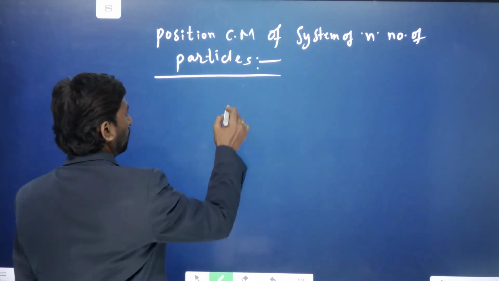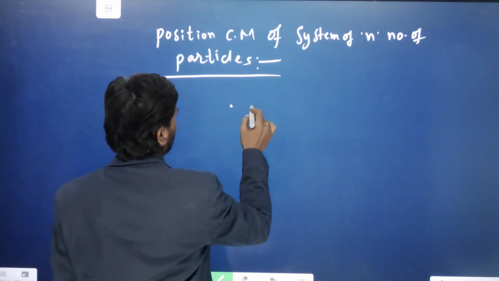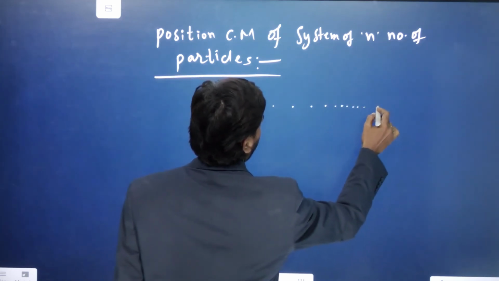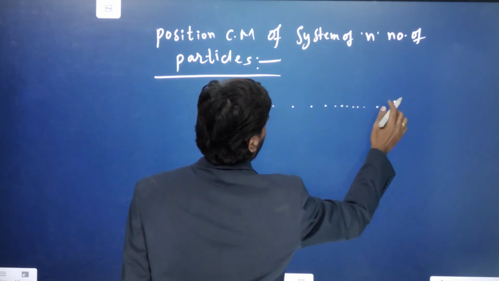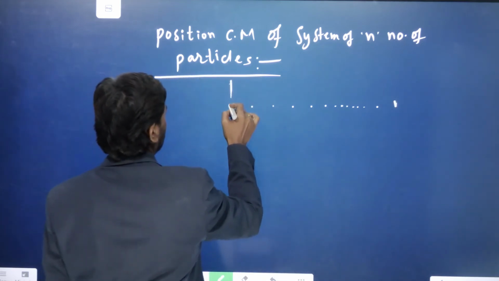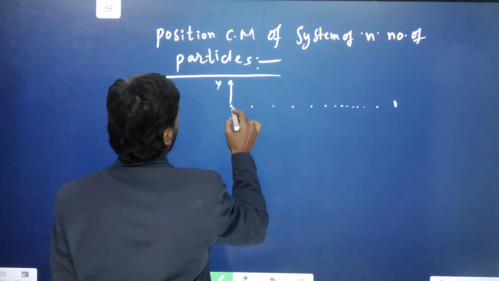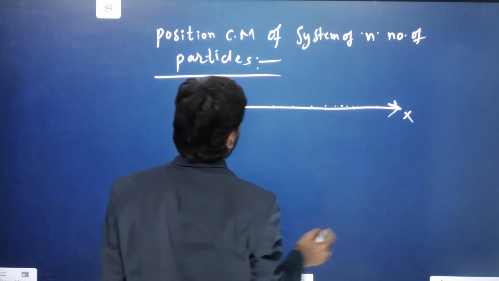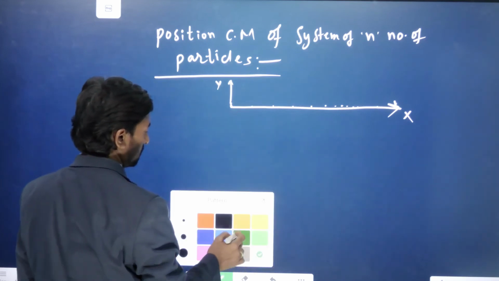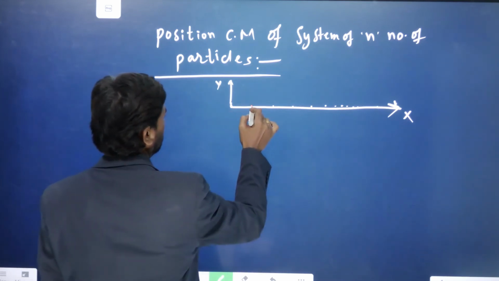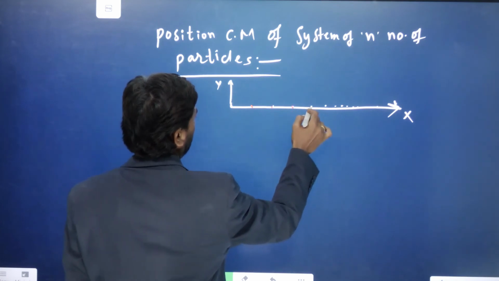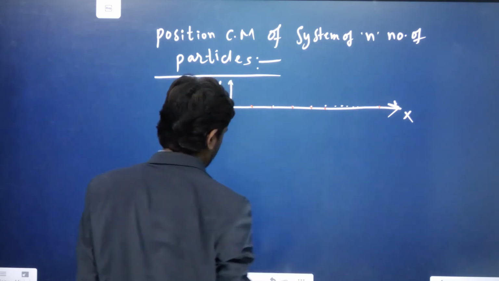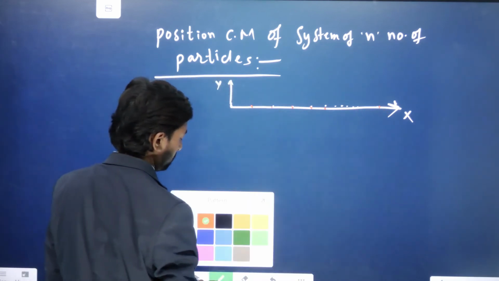Suppose n number of particles are placed along the x-axis. Let us consider this is the y-axis and this is the x-axis. There are n particles placed here: particle 1, particle 2, particle 3, particle 4, and so on up to n particles.